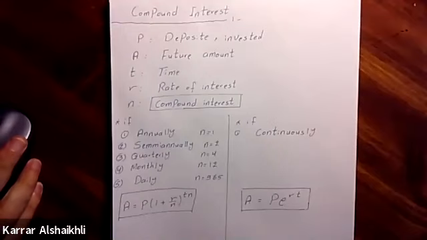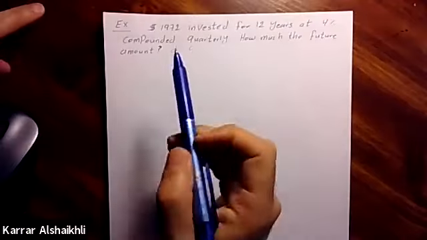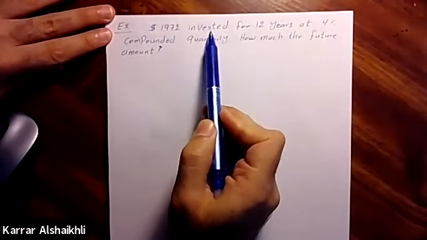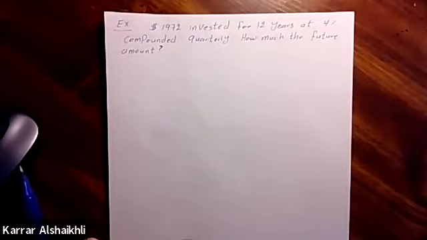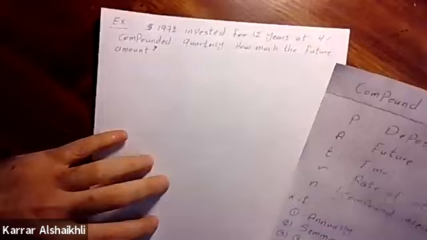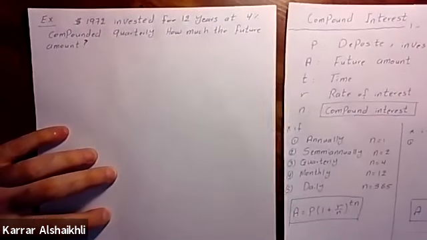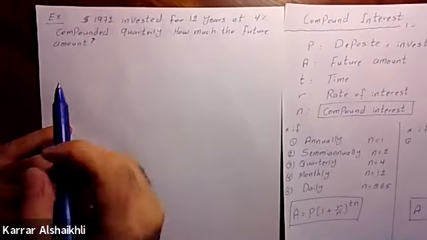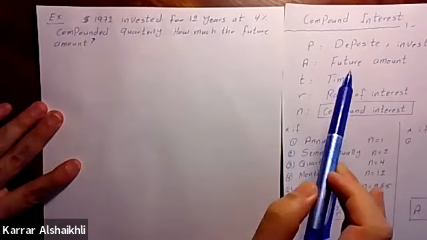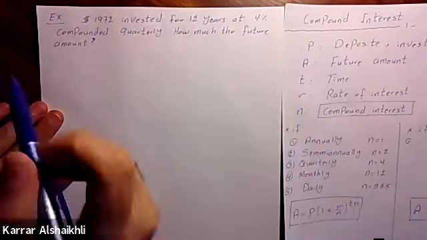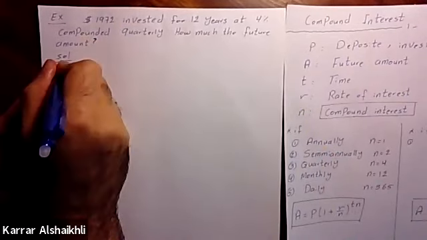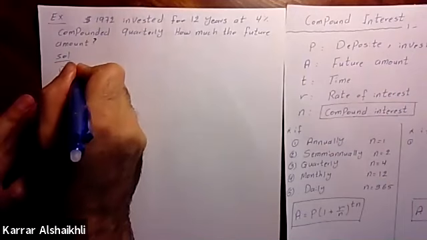about the compound interest. Here they're telling you 1,972 invested. So here's the thing, to make everything easier for you, you can write down all the information on the side. They're telling you 1,972 invested. That means invested is P. So I'm going to write down P equal 1,972.